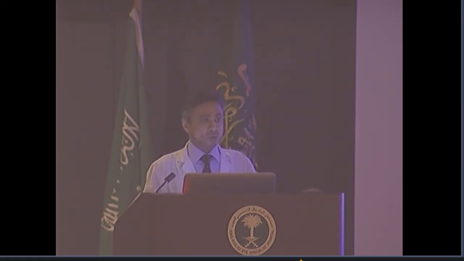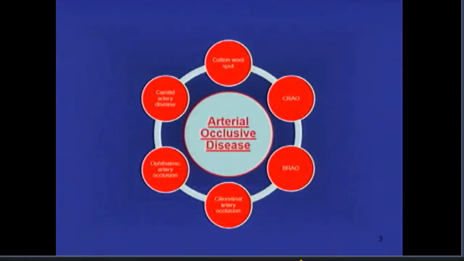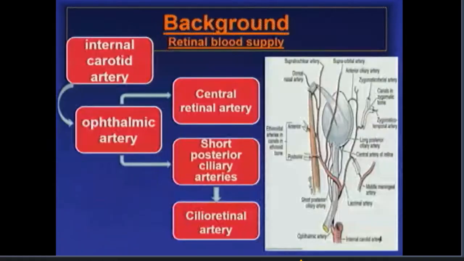We have more types, but the most common are either central retinal artery or branch retinal artery occlusions. If you look at the blood supply for the globe, the main trunk is the internal carotid artery.